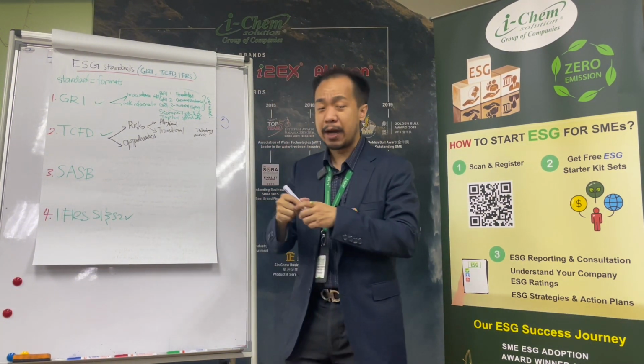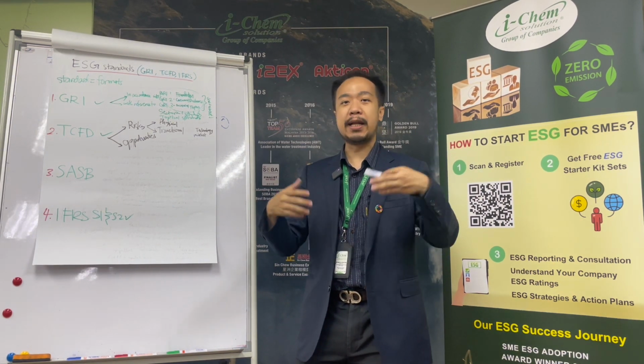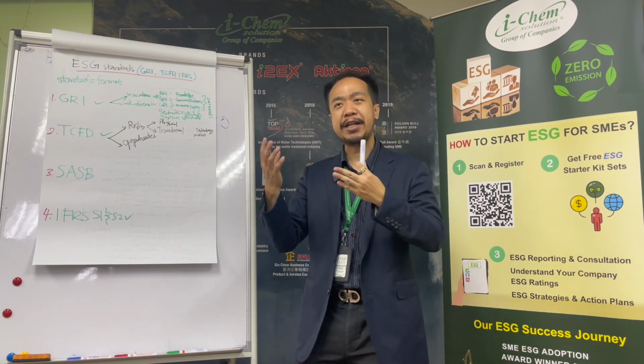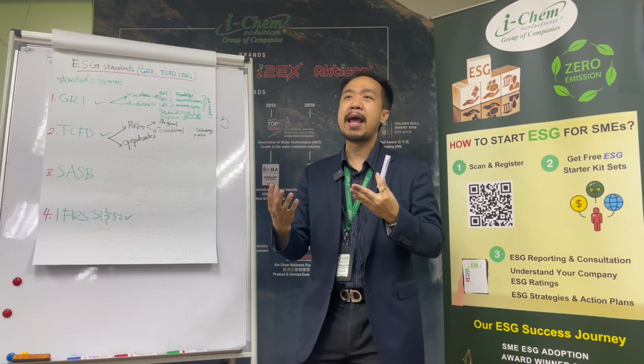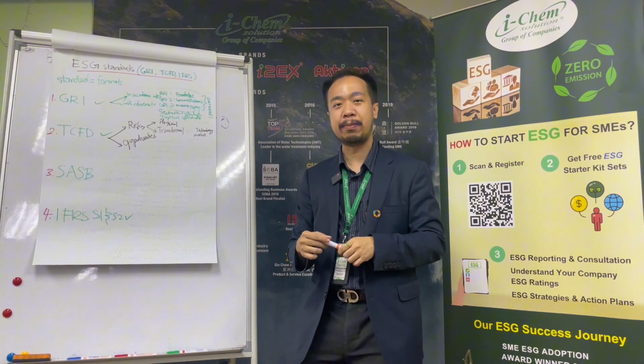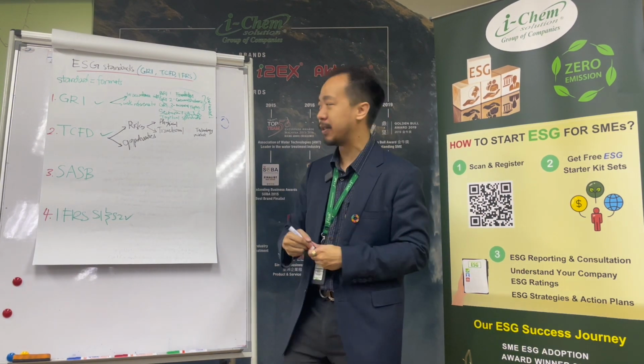Market risk. Now, this is a risk to your business because, let's say, you're selling products that are not eco-friendly. And because the market changes, consumer behavior changes, and nowadays customers are moving towards a trend where they like eco-friendly products. If your product is not eco-friendly, you are at a market risk.